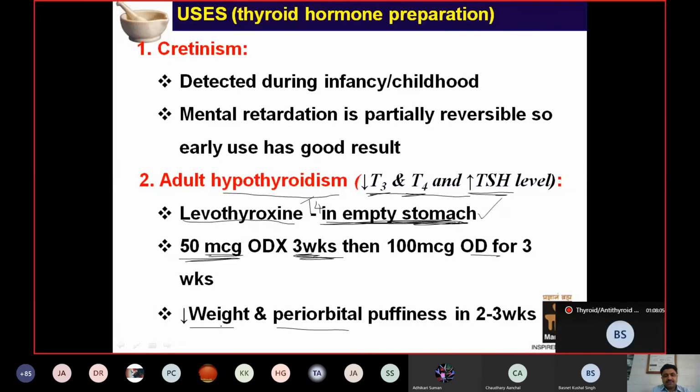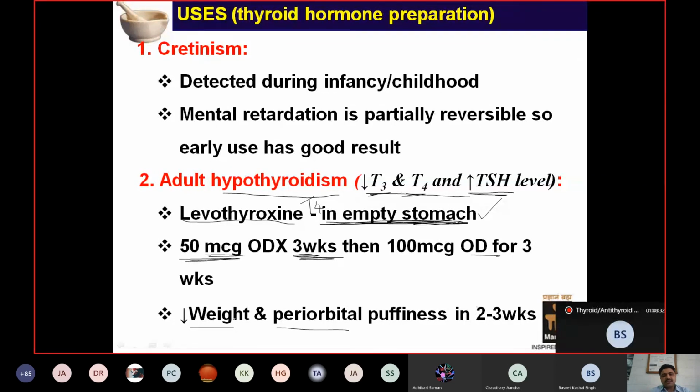All these cause non-pitting edema in hypothyroidism. Non-pitting means when you press the skin, the surface will not be pressed. Pitting edema is due to accumulation of water in the body. So weight increases in hypothyroidism.